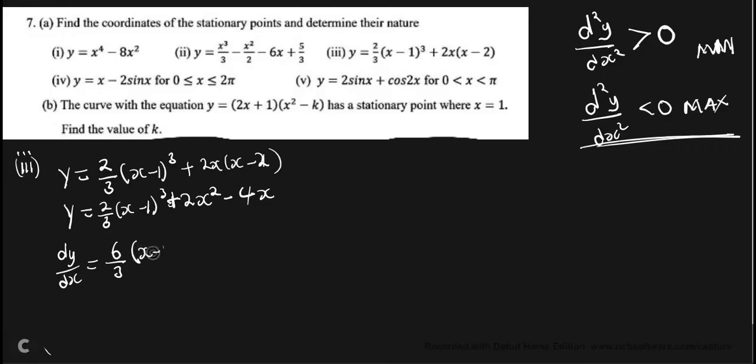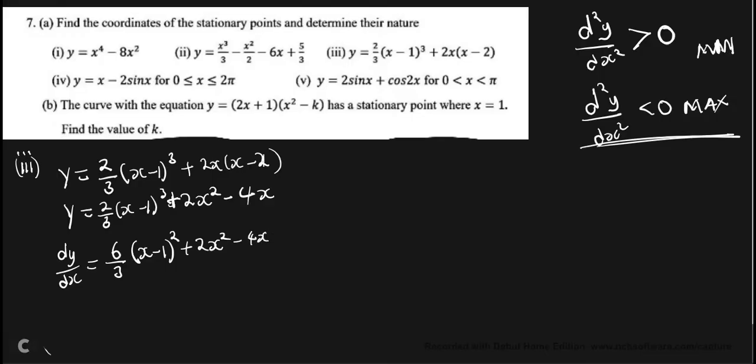Then x minus 1 squared, then this is 2. Yes, that is 2. Then plus 2x squared minus 4x, like that, right?